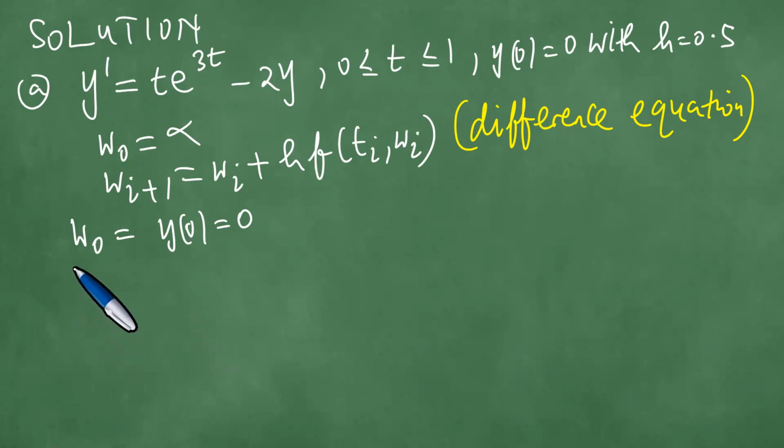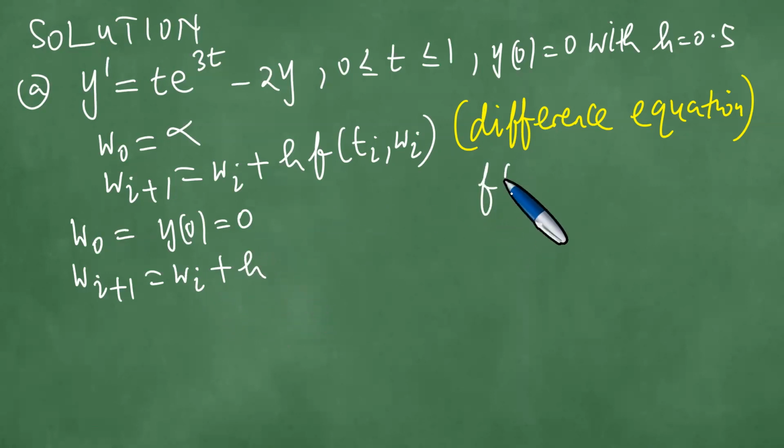The next thing is we're going to do w1. But first, I suggest we write the general difference equation for this particular differential equation: w_{i+1} is w_i plus h times f of t_i, w_i.